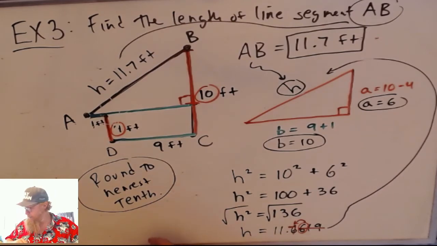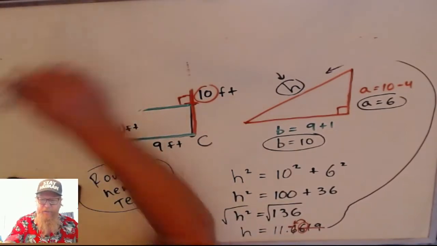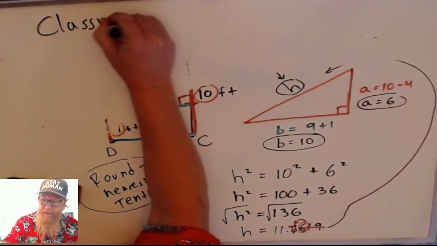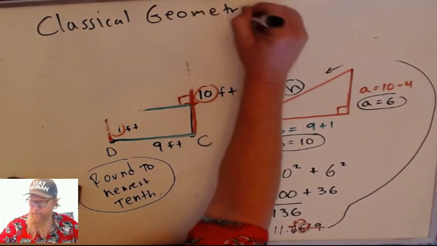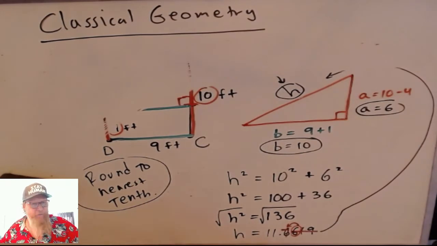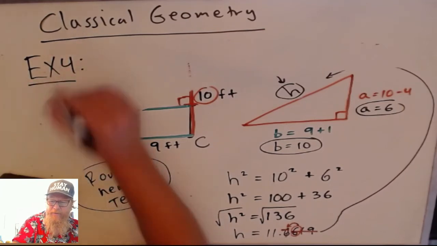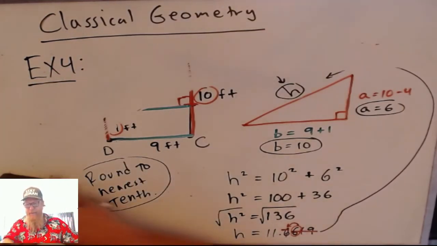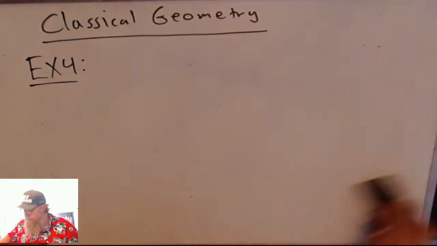And that will be our finale, what's called classical geometry. No electric guitars, no special effects, just classical geometric shapes. Some people will call it the old-fashioned or the old-school way to do it.